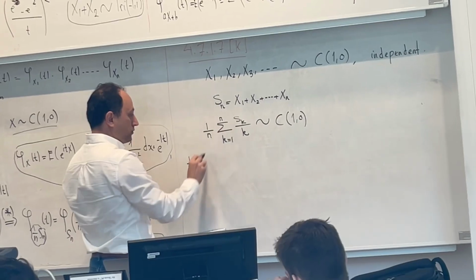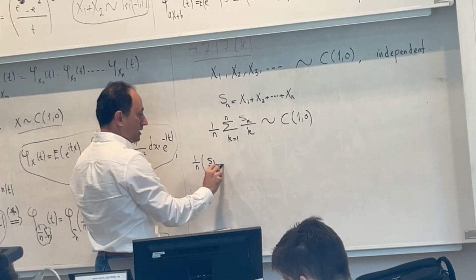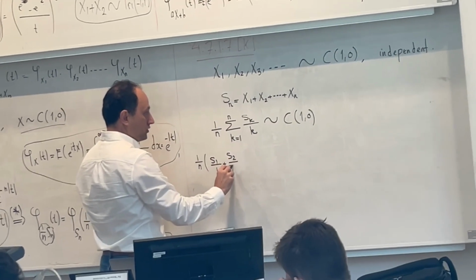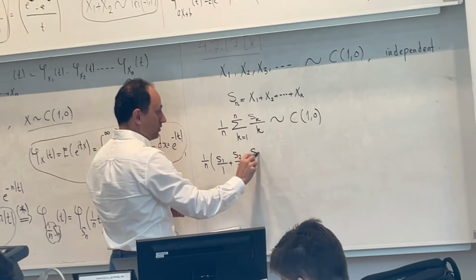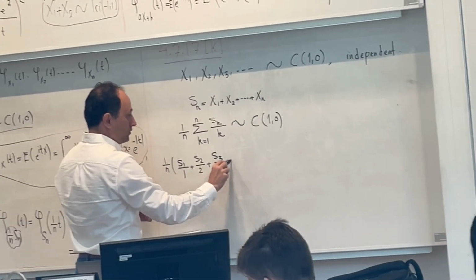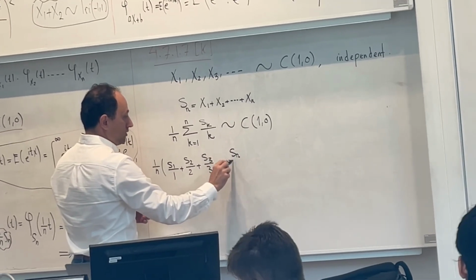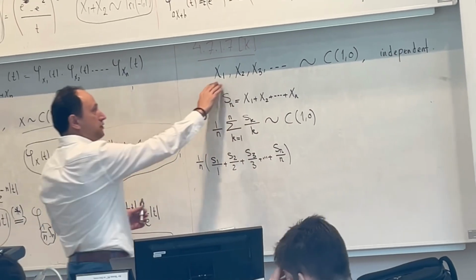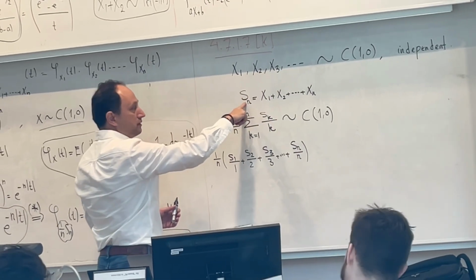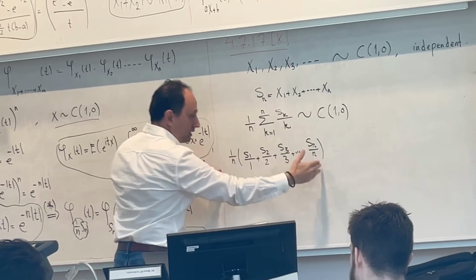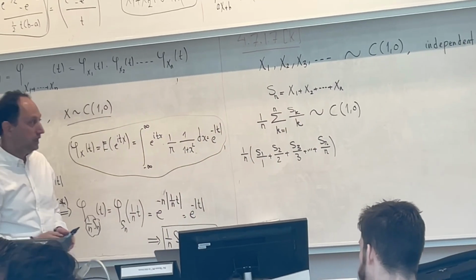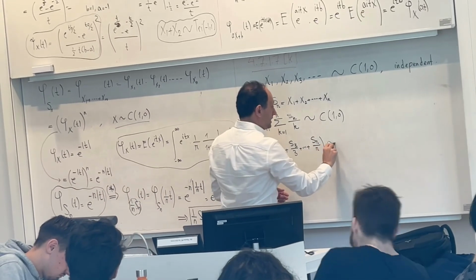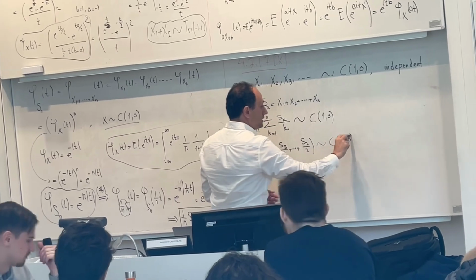For example, the first one is S1 over 1, the second one is S2 over 2, the next one is S3 over 3, and then you continue this list, which is Sn over n. This is a new random variable. So I have these random variables, I generate new random variables, and I generate even a new random variable. And I want to convince myself that this is distributed the same.